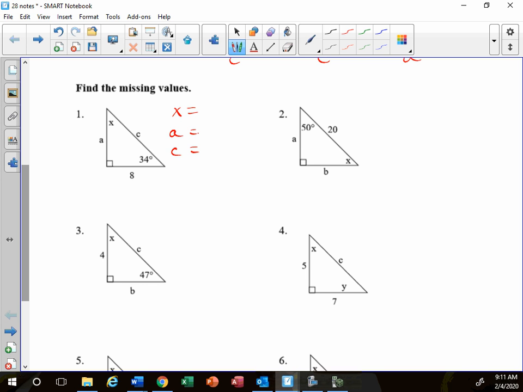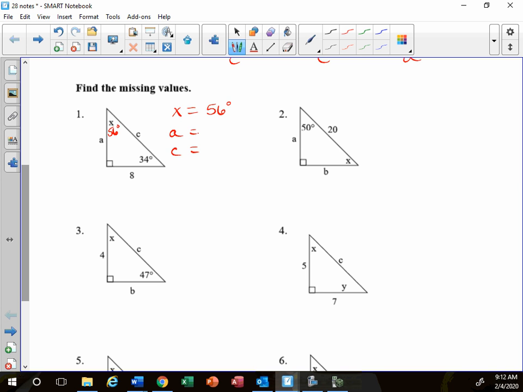You can either go all the way to there's 180 in the triangle, or when it's a right triangle, the two smaller angles have to add up to 90. So either way you want to think about it, you should get 56 degrees. All right, now we've got to find A and C.